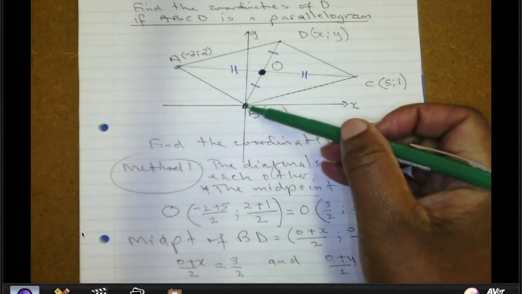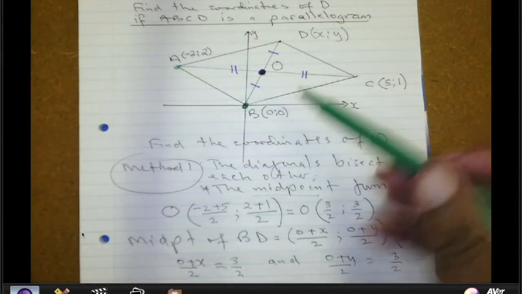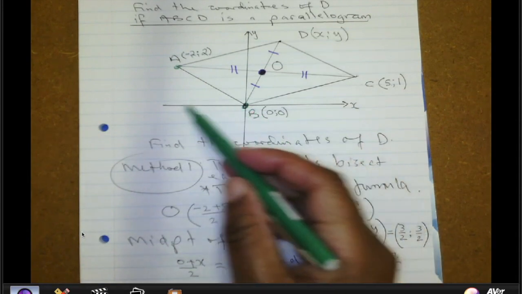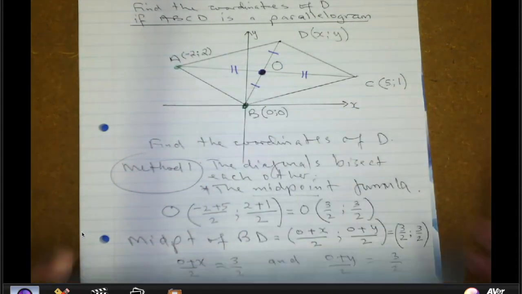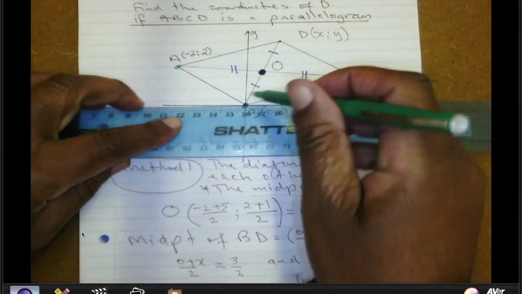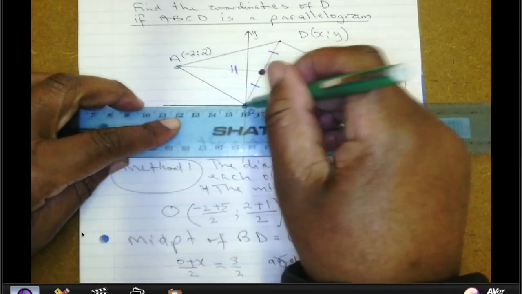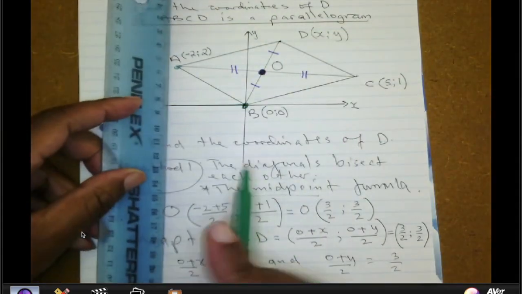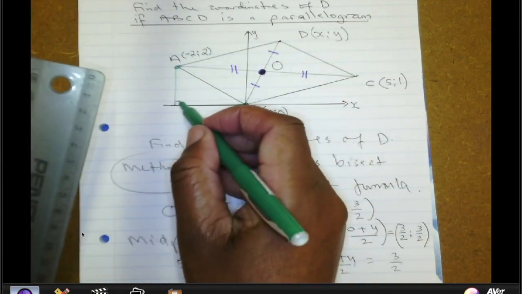So we can move directly from B to A, but that movement can be analyzed into two movements. The horizontal movement, which means we are going to move horizontally to the left before we can move vertically upward. So that one translation is the same as moving 2 units to the left, followed by 2 units up, so that there is 90 degrees.